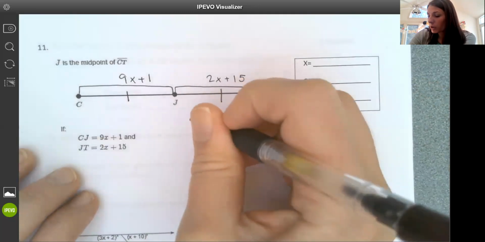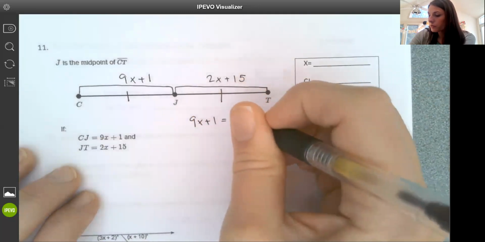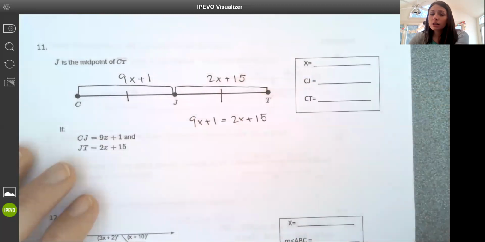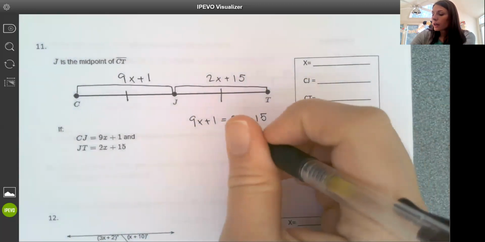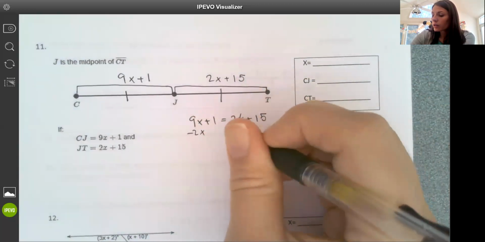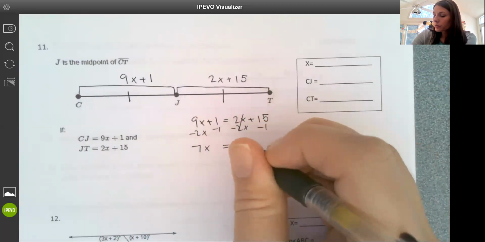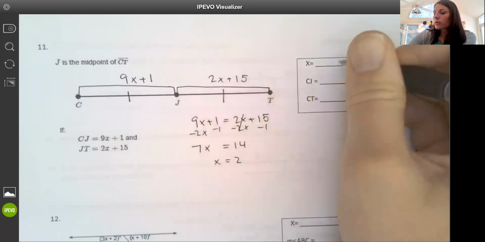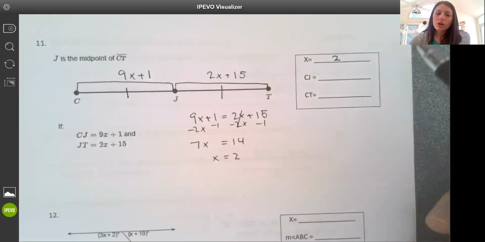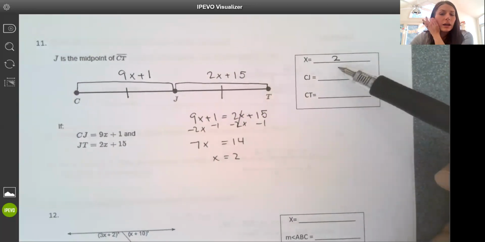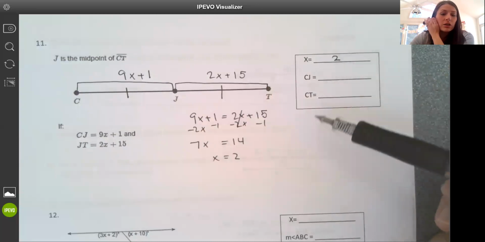So I can set up my equation, putting those parts equal to each other, and then solve for x, subtract 1, and x equals 2.